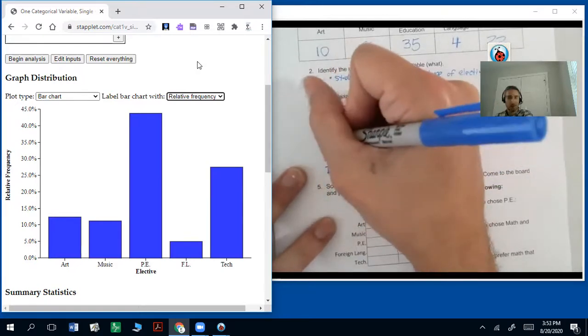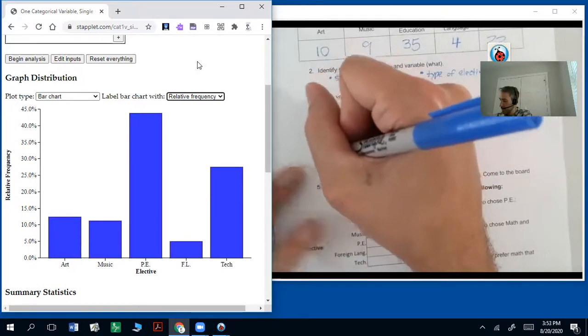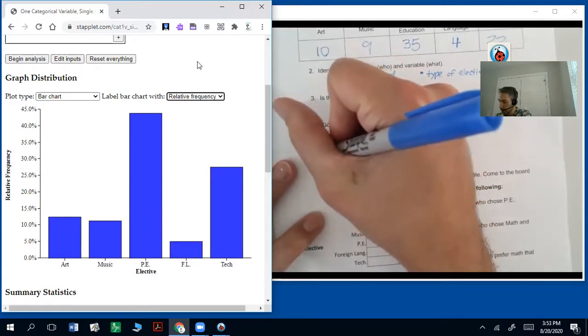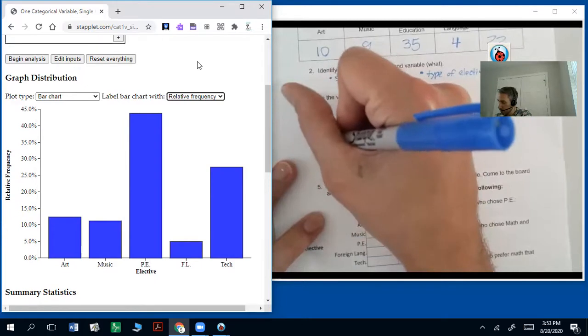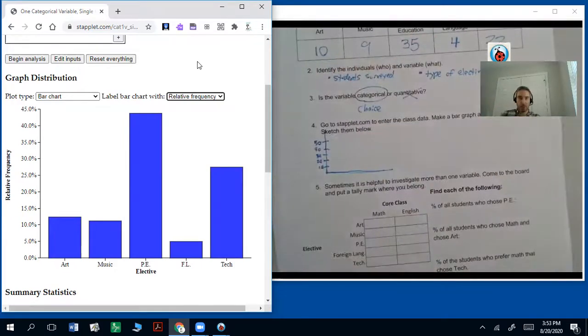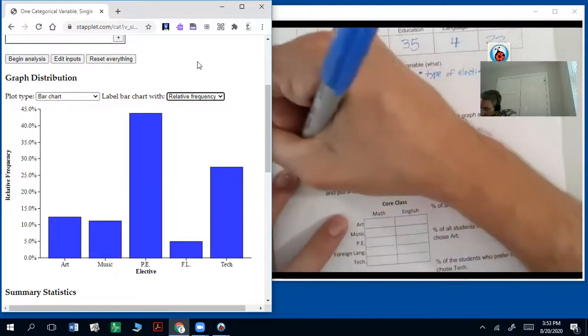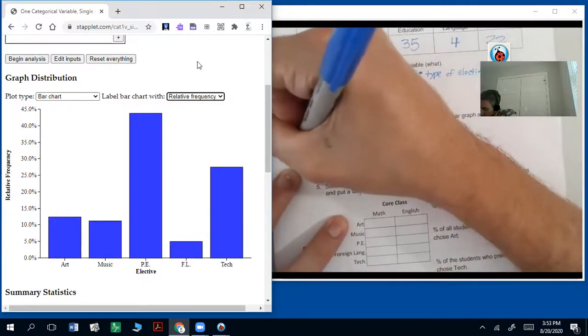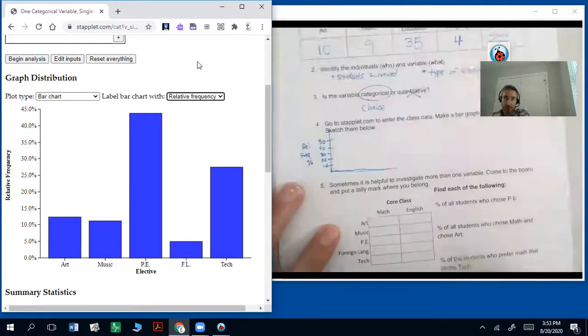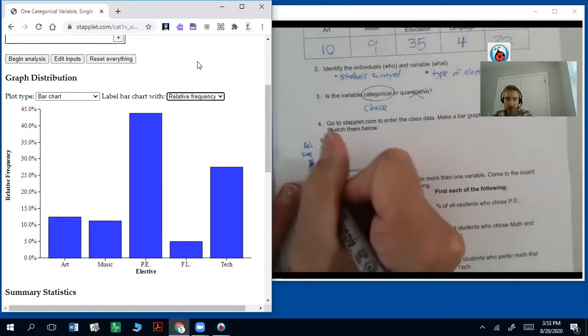But if you notice, I don't have a lot of room on here, so you might want to change that to 10%, 20, 30, 40, and 50, just because in this situation you're limited on space. And you might want to consider that when you're doing free response questions on an AP exam. So the relative frequency is what we'll label. And since I didn't put a percent symbol next to it, you can label that percent there.